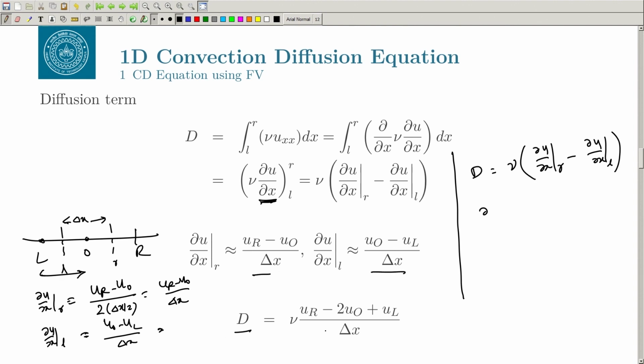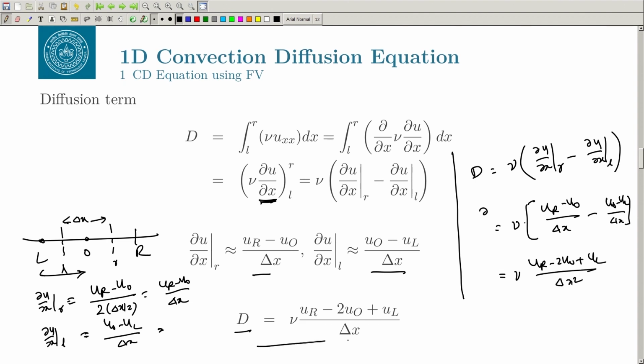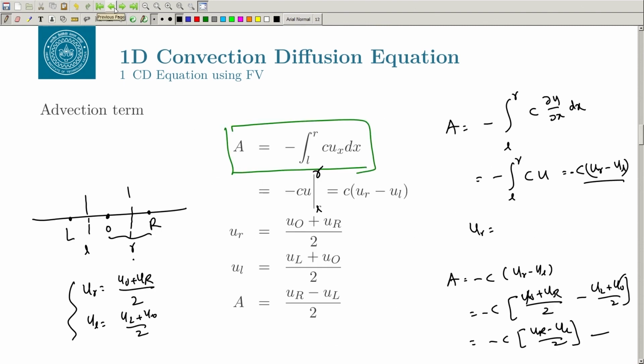So, finally, your d will become, you can substitute this value nu del u by del x r is u r minus u o by delta x and minus u o minus u L by delta x. Okay. So, that will become nu u r minus 2 u o plus u L by delta x square. Okay. So, we got the value of the diffusion and we got the value of the advection earlier here, okay, which is here. Okay.